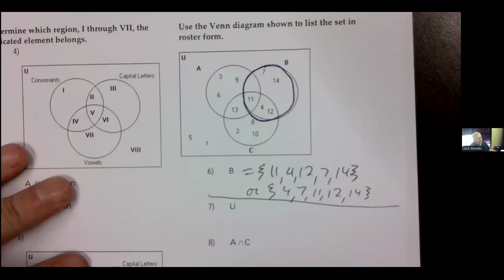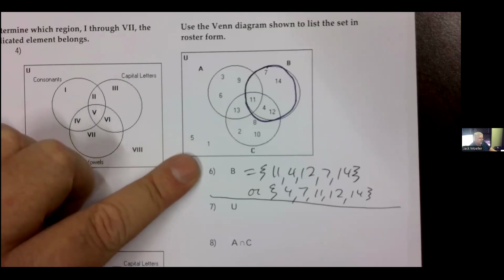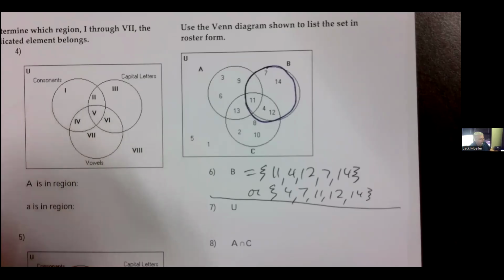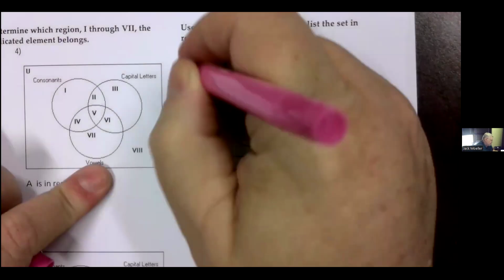Okay. So what is the universe? Again, please don't tell me it's just 5 or 1, because those are in the universe, but those are not the only ones. The universe, remember, is the entire box.